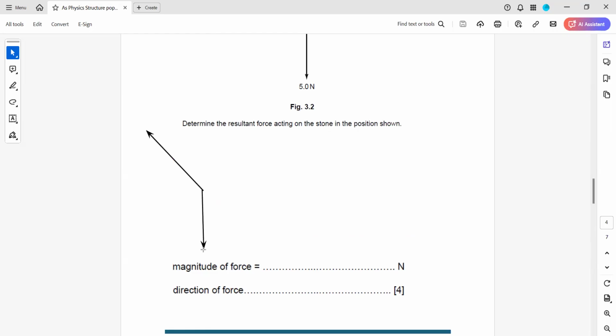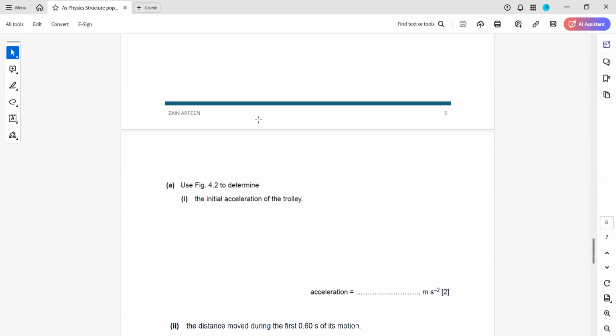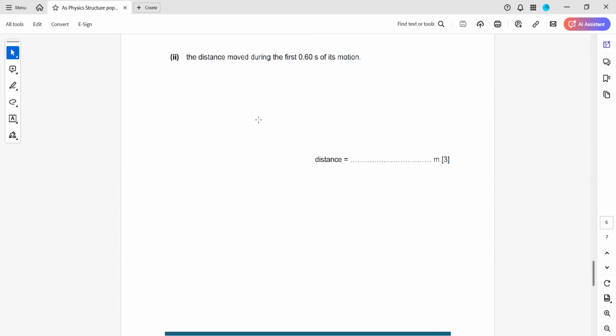When you drew the scale diagram, you got the resultant. When you got the resultant, you will measure the length. For example, if the value of your resultant is 6 centimeter, the magnitude will be 6 newtons. You just have to convert the scale. Any doubt in 4A, 1 and 2?